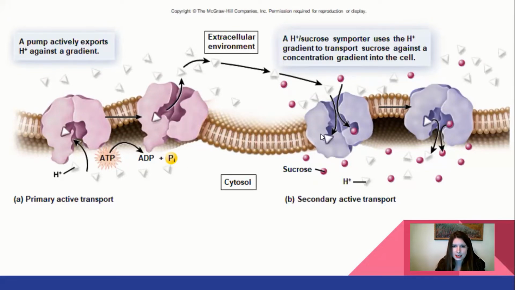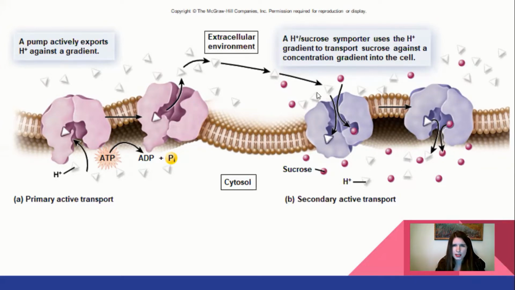Now in the second example, we can see that we have that same gradient for hydrogen, so low here in the cytosol, high in the extracellular environment. But we can see that we have another molecule labeled as well. So sucrose, one of our carbohydrates, a sugar. We have a high concentration inside the cell in the cytosol, and a low concentration outside in the extracellular environment.